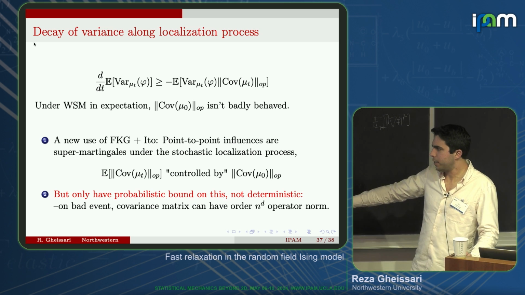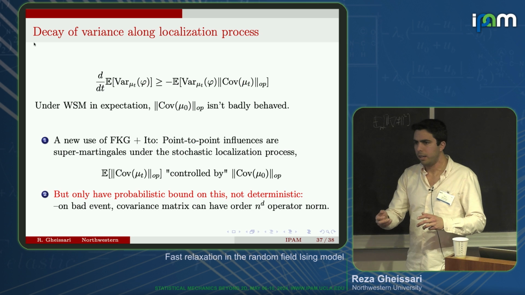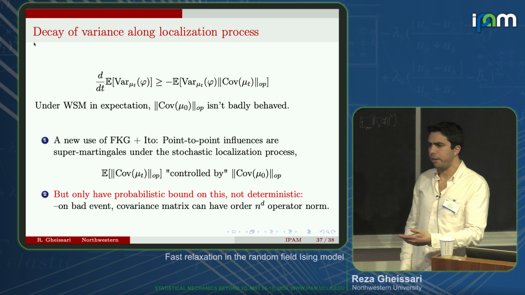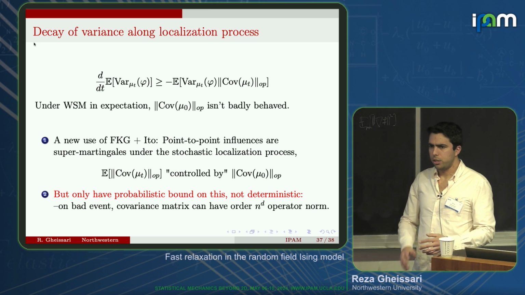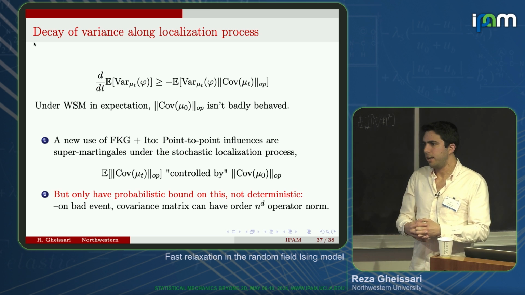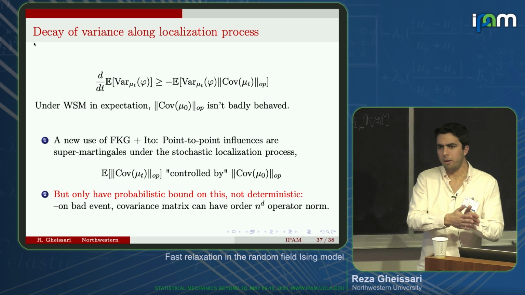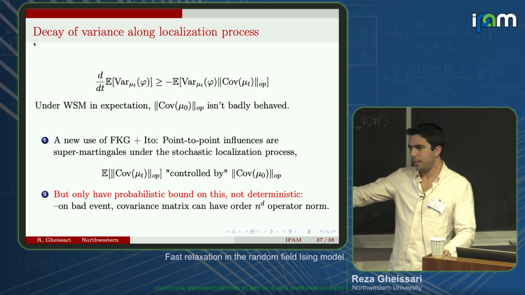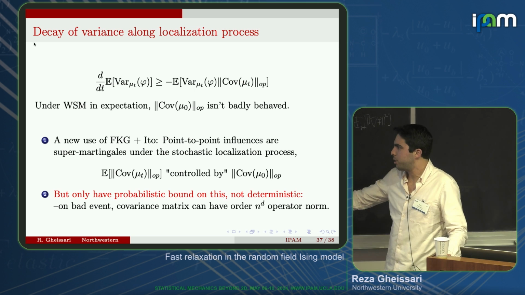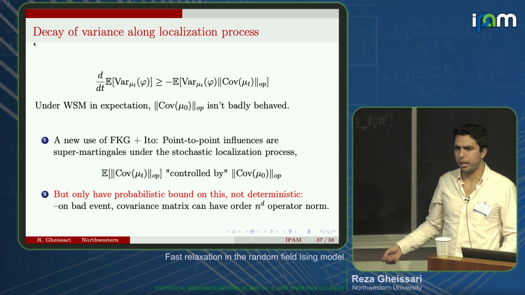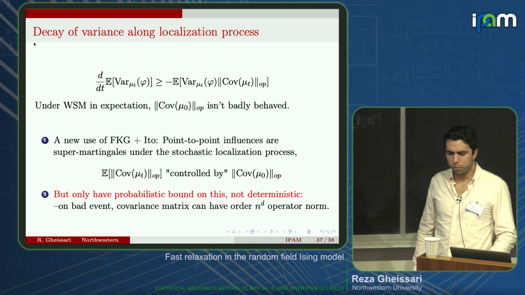And that's what causes us to have to do this Holder bound to end up with a weak Poincare inequality instead of the strong Poincare inequality. So there's an off chance that something bad happens as we're moving through this space of measures from weak mixing to strong mixing. And in that case, we have absolutely no control because the zero field model has an exponentially large rate of relaxation to equilibrium.